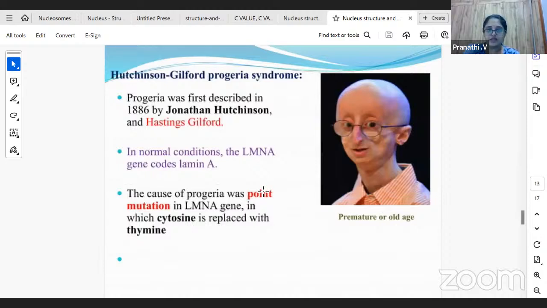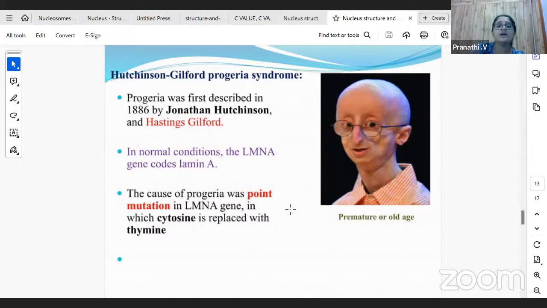So there is one particular disease. We have already seen different movies. Probably there's one, if I'm not wrong, a Hindi movie wherein Abhishek Bachchan and Amitabh Bachchan are there. It is based on this particular syndrome, which is known as progeria. So in this, what is happening? In the LMNA gene, that is the lamin A, B, C gene, like I told you, there is a point mutation.